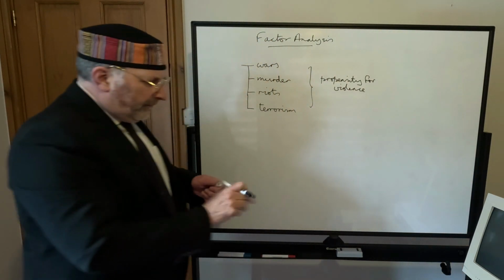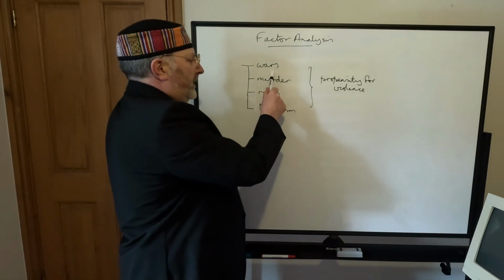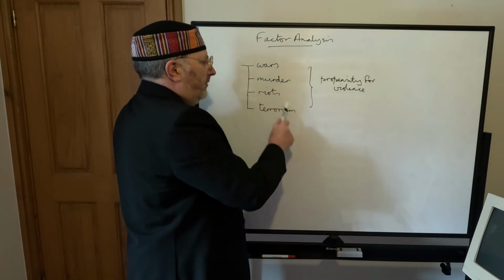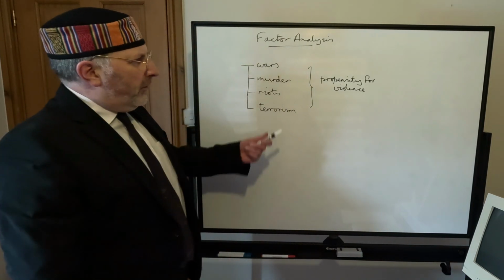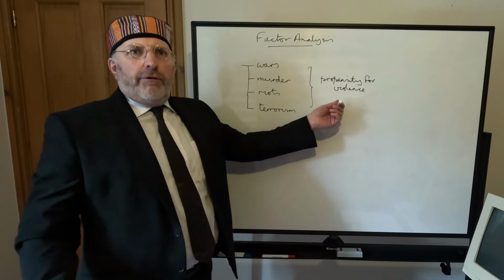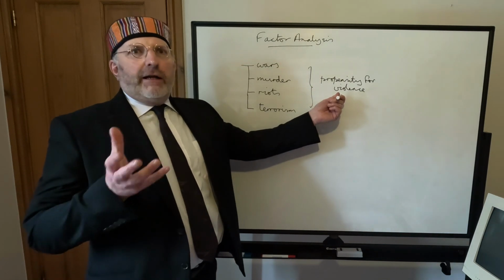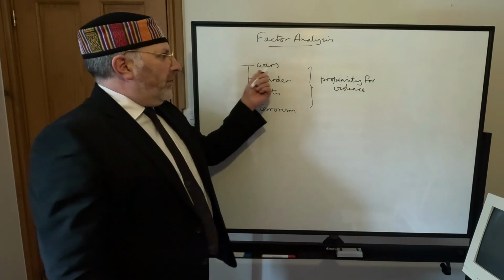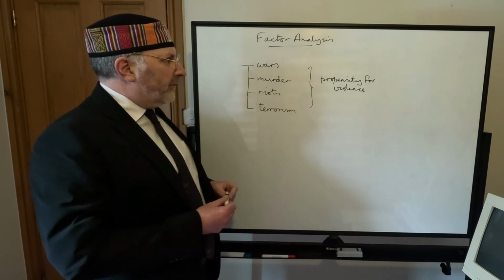And then what we want to do is try to find the extent to which these reflect that propensity for violence. So we're assuming that propensity for violence is a real thing that societies have, but it's not something we can directly observe. But what we can observe is the number of wars and murders and so on that characterise that society.